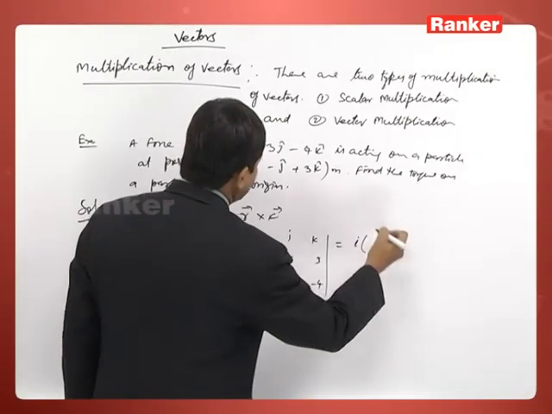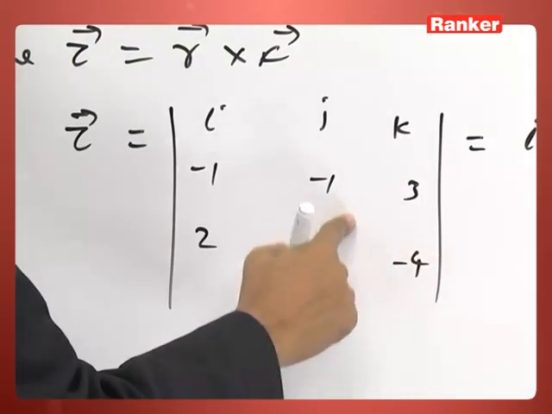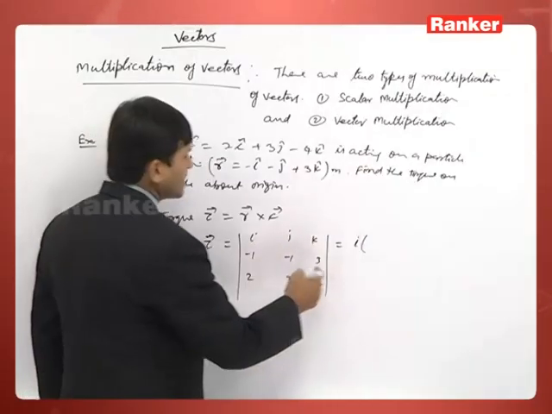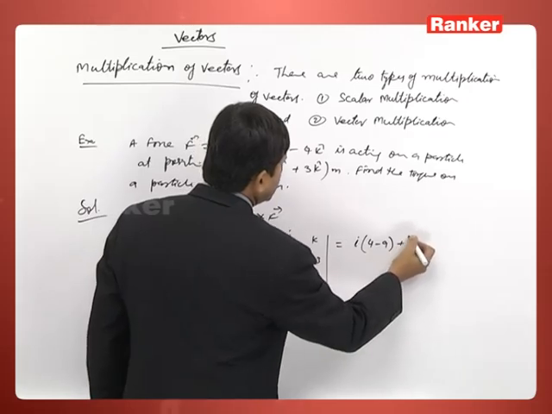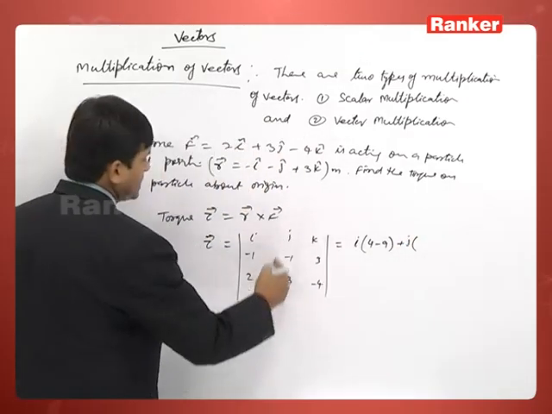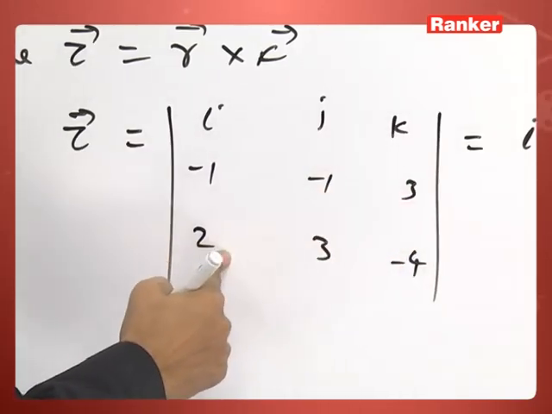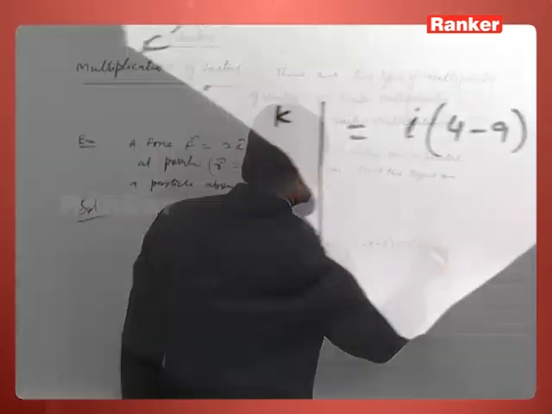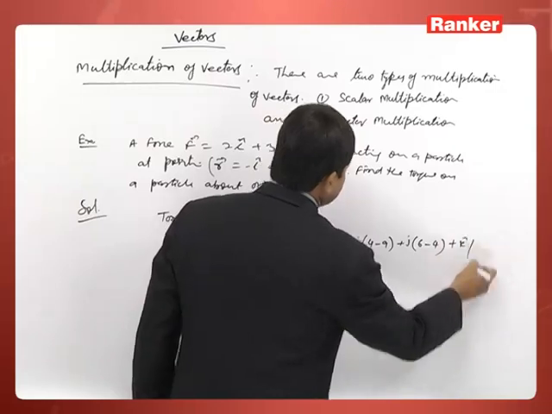Then we will simplify. First take i common, this into this minus this into this: minus 1 times minus 4 is 4, minus 9, so 4 minus 9, plus j. Next j from here to here, 3 into 2 is 6 minus minus 4 into 1, so 6 minus 4, this plus k cap.